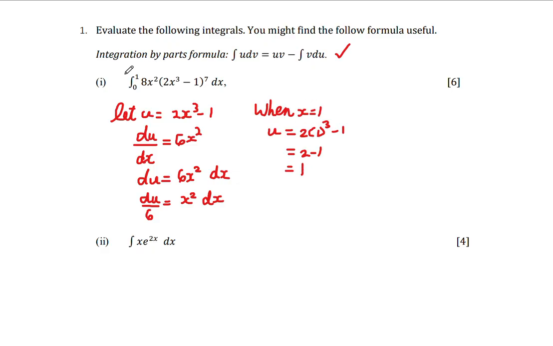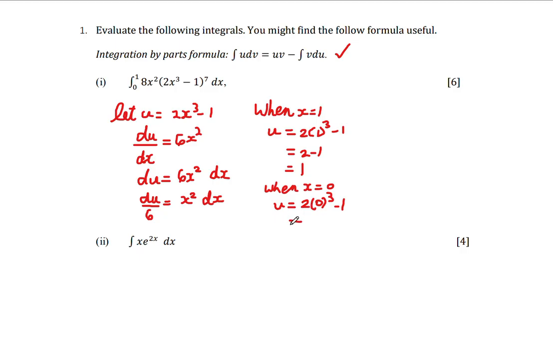So what we're doing is substituting the given upper limit and now the lower limit into the function that we assigned u as. Now we're going to say when x is equal to 0, which is the lower limit of the integral, then u is equal to 2 multiplied by, we insert 0 here for x, so it will be 2 multiplied by 0 cubed minus 1.